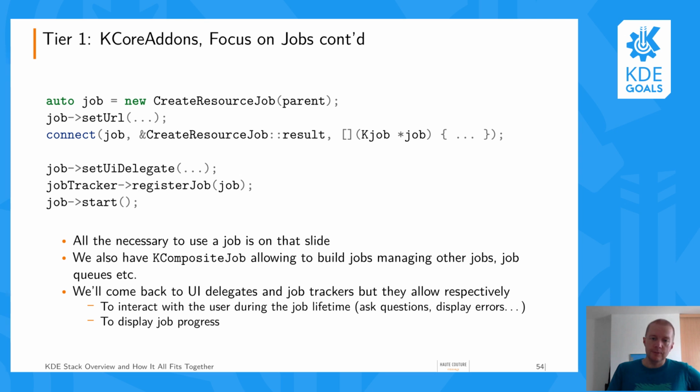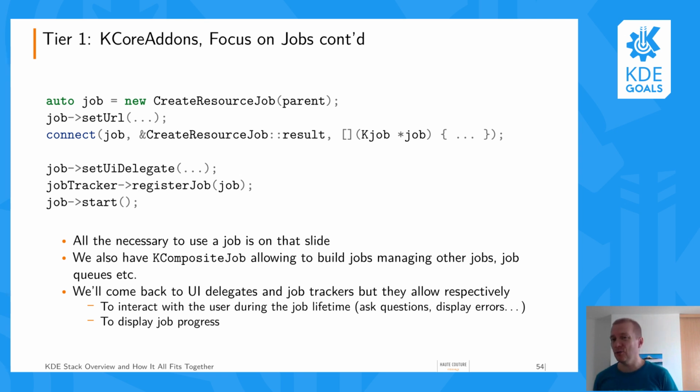I'm ready to react to it, but I might want to display the progress of my job, or I might need to interact with the user when something happens inside of the job, for instance. So for that, on jobs, we have 2 mechanisms, which are UI delegates. And UI delegates are here to interact with the user during the job lifetime.